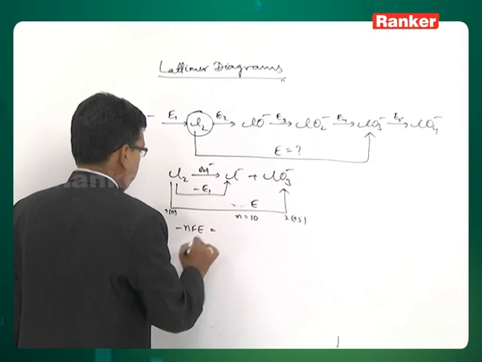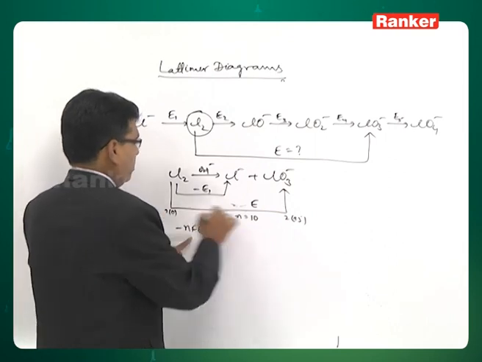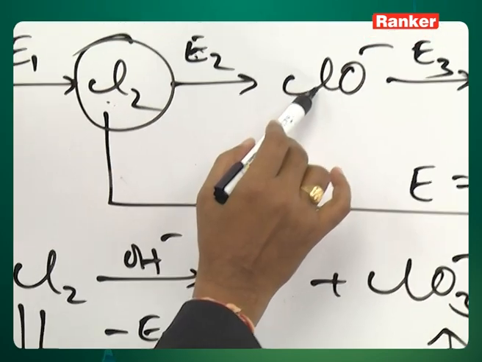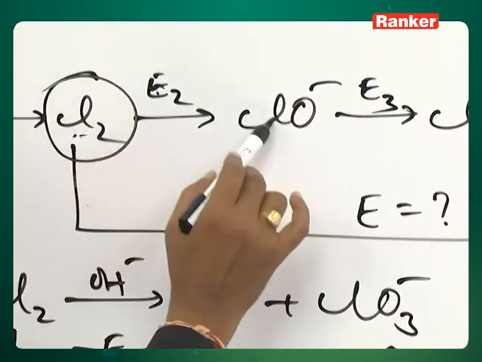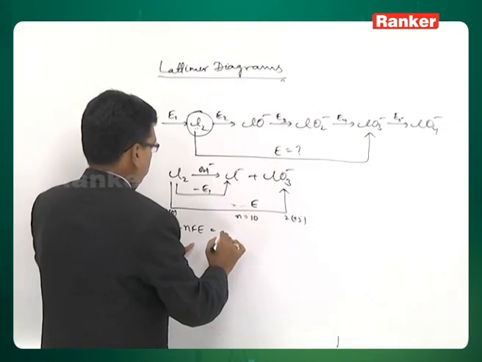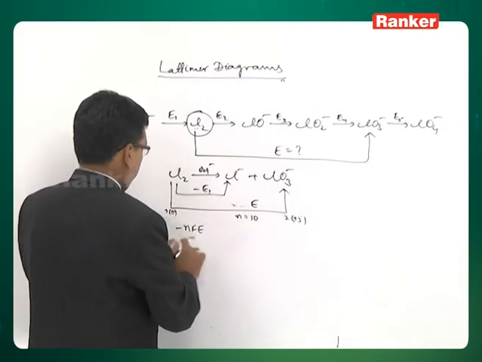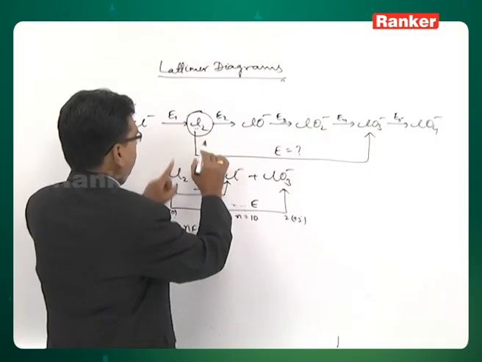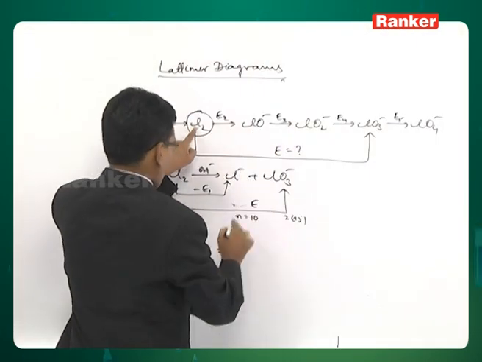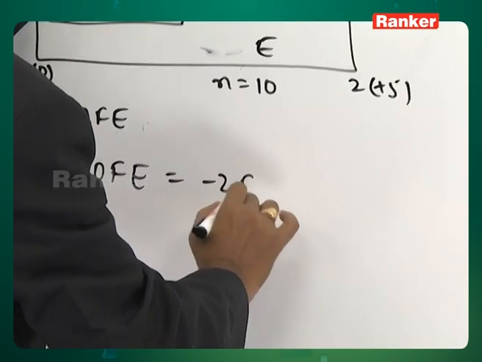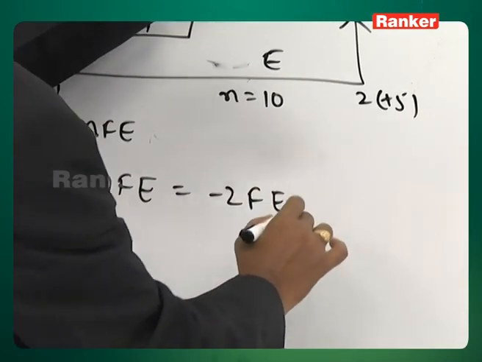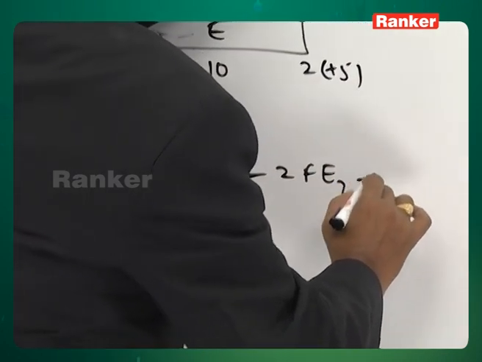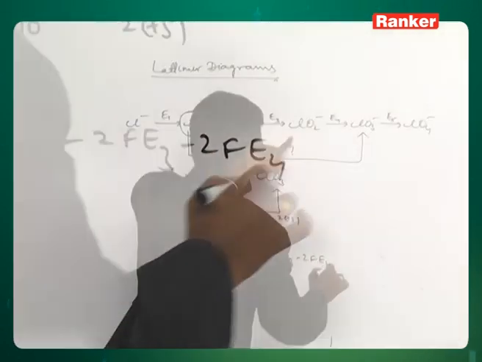So, minus NFE for this change to ClO3 minus, like previously what we told in the previous board, that from here to here it is minus NFE, that is equal to minus 10 FE is equal to, from here to here n factor is 2, minus 2 Fe2 minus 2 Fe3 minus 2 Fe4.